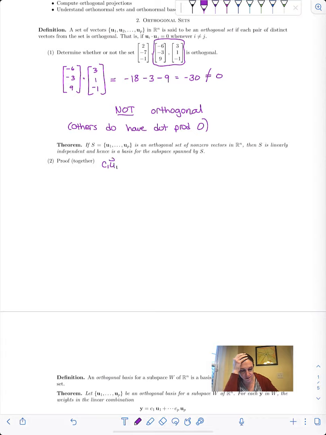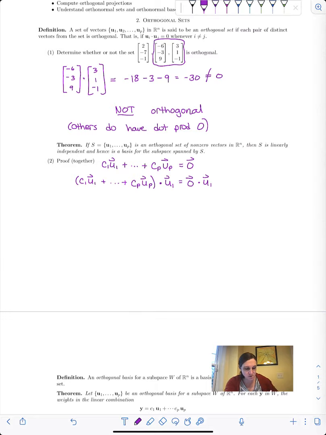Recall that to test linear independence, we take a linear combination of our vectors, we set it equal to 0, and we see if we can find a non-trivial solution. So what we're going to do is take a dot product of the left-hand side with U1, and on the right-hand side, we do the same thing.